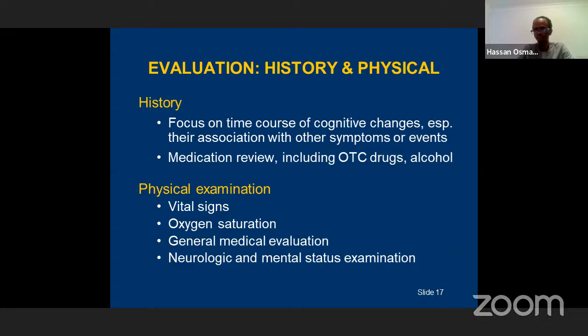That could be one of the reasons behind the problem. Physical examination is not different from any standard physical examination we do. We will start with the vital signs, the oxygen saturation, and those kinds of things. But here we might pay special attention to the neurological and mental state examination.